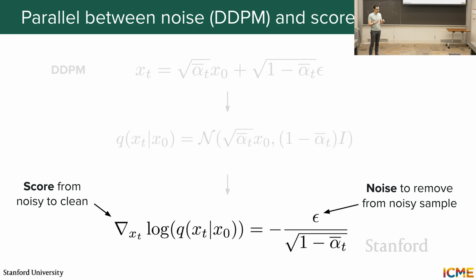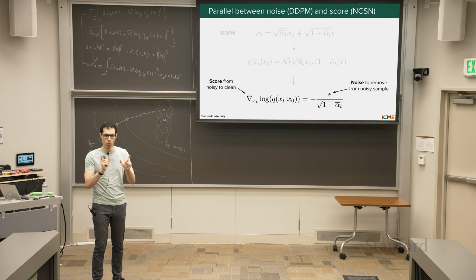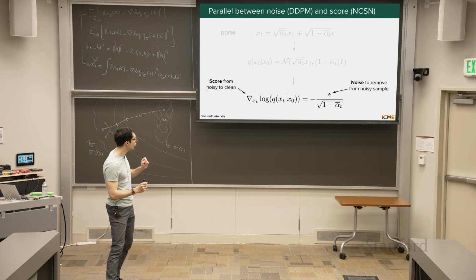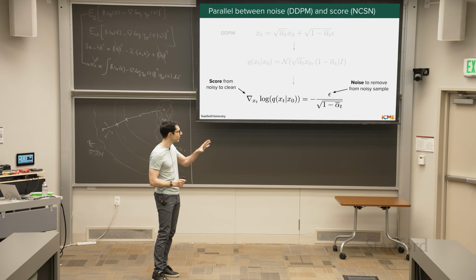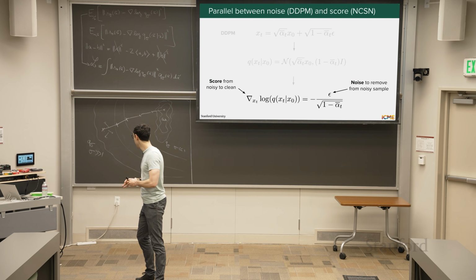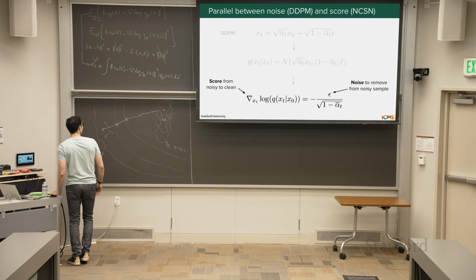In other words, these two quantities, the score, meaning where you should go to end up where the clean images are, and the noise that you added, are linked, such that the score is equal to minus the noise that you added. And that makes sense, right?